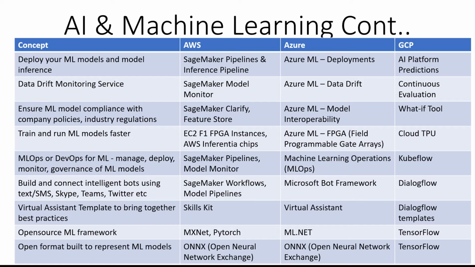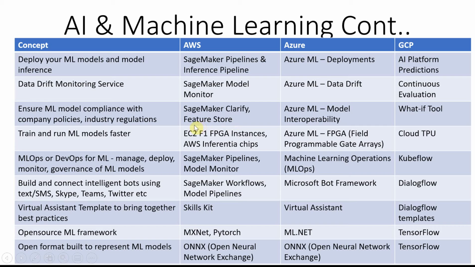For example, if you have an ML model for the auto industry or the finance industry, how will you regulate it and what company policies should that model be compliant with? These are areas that come into the picture once a product is live and doing a good job. So how will you handle that with the ML model? That is another pain point. To address that, I think AWS has SageMaker Clarify and AWS Feature Store.